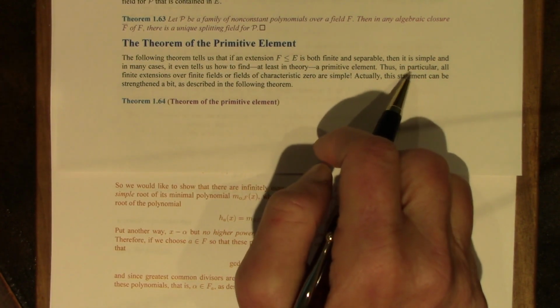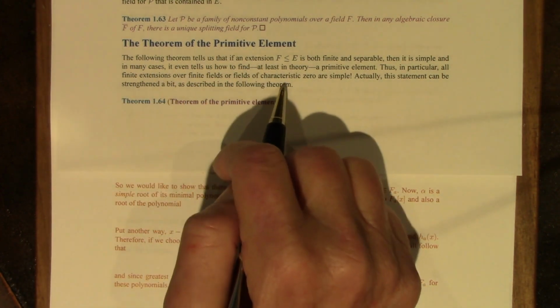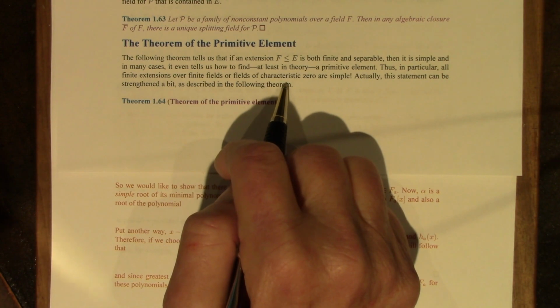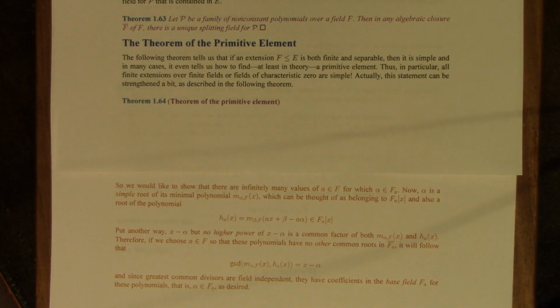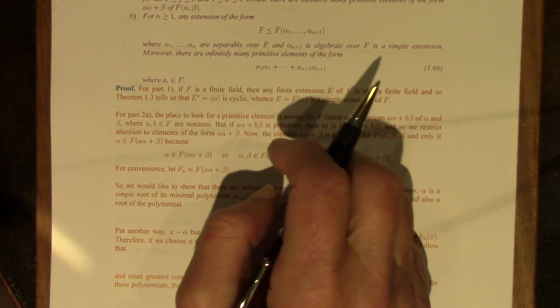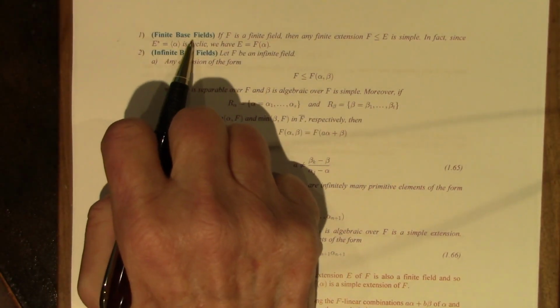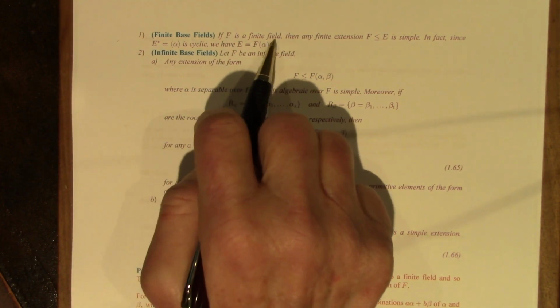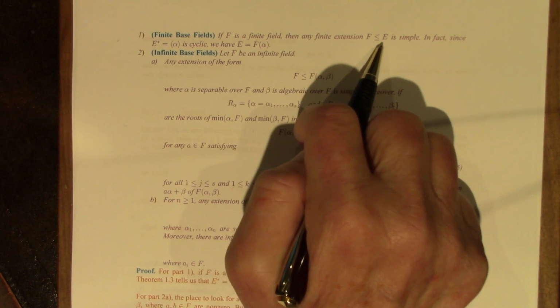So, in particular, all finite extensions over finite fields or fields of characteristic 0 are simple. And we can actually strengthen this a little bit, and I'll describe that in the theorem. So, for finite base fields, if F is a finite field, then any finite extension, F E, is simple.